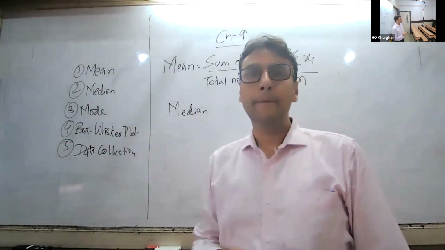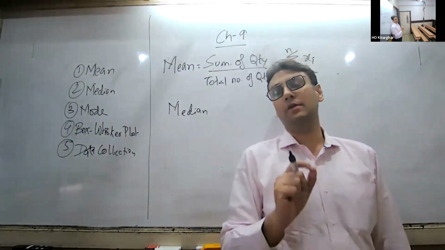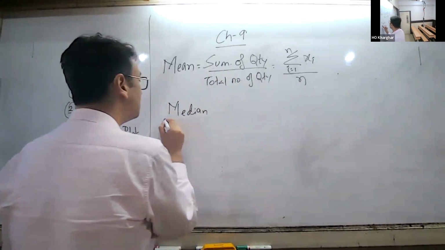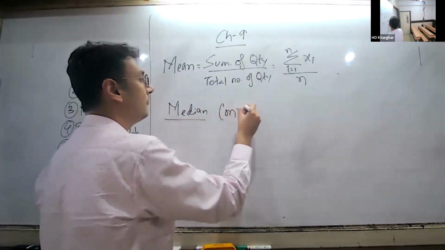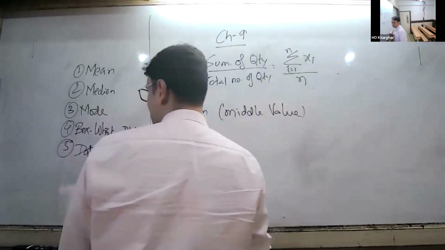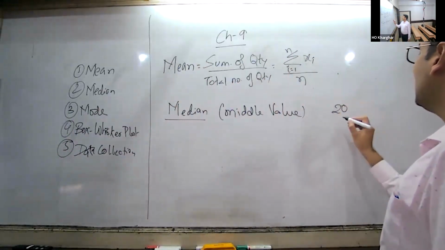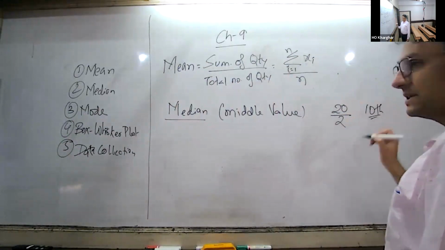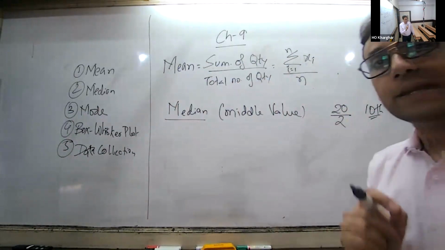So you're almost there, but there's one thing that you are missing, and let's try and understand that. When you say median, basically you are talking about the middle value in your data set. Like you said, if I have 20 people, I'll divide by 2 and I'm interested in the 10th person. But this is slightly incomplete.